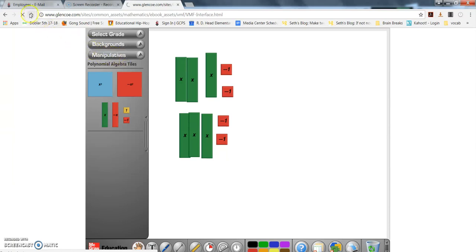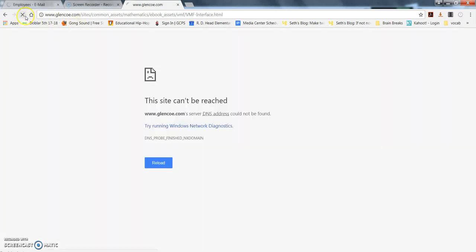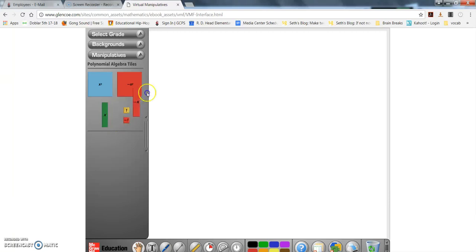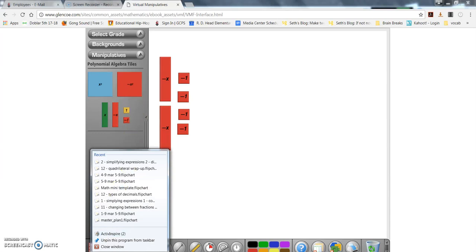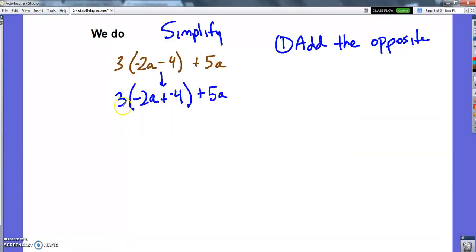All right, so if you want to see what that looks like, it's negative 2a plus negative 4, which looks like this, negative 2a plus negative 4. And that's what's in the parentheses. So I have this 3 times.